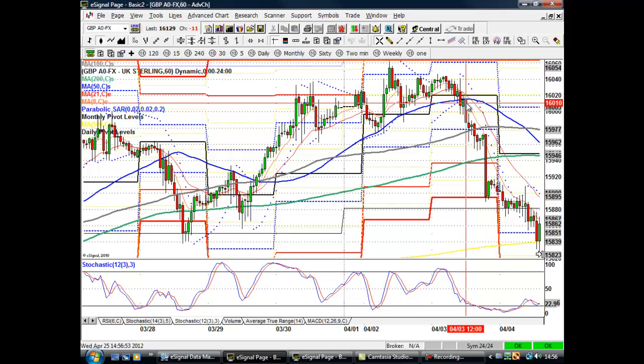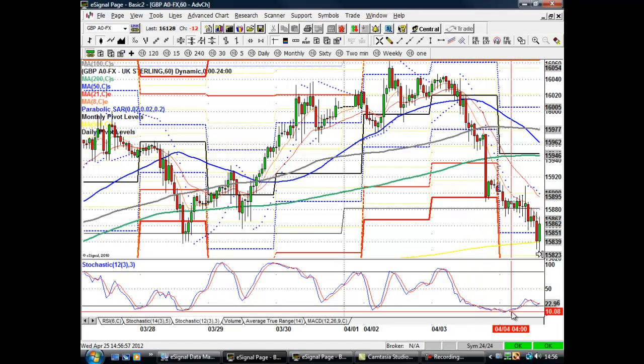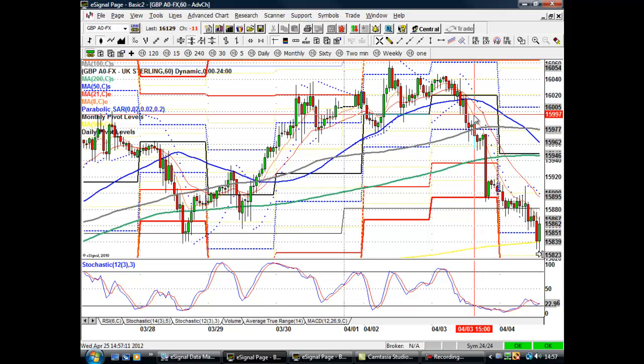So here it is. What we're looking for is the price to hit a pivot level with a stochastics cross going in the same direction. That's the basics of it. I can hit any pivot level apart from the central pivot, so that includes DS1 and DR1. I do know that a lot of people generally look at DR2 and 3 and DS2 and 3.